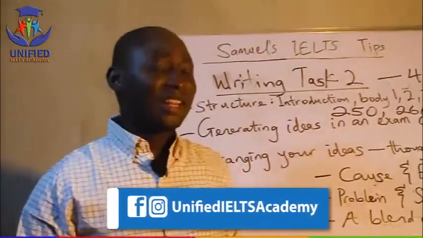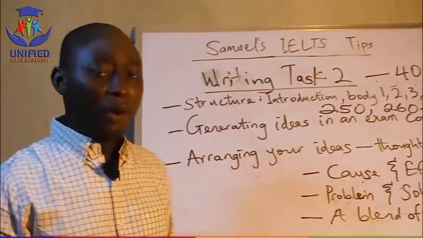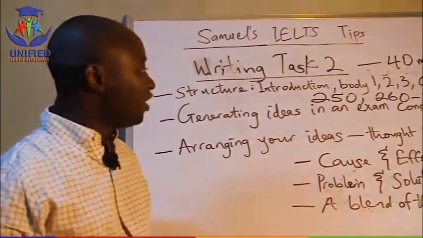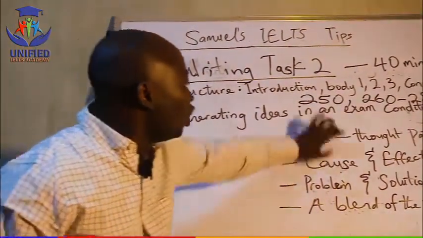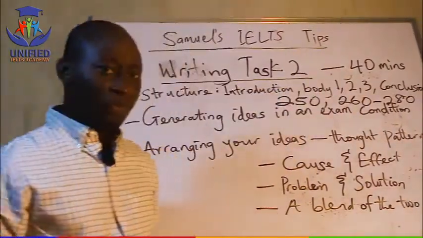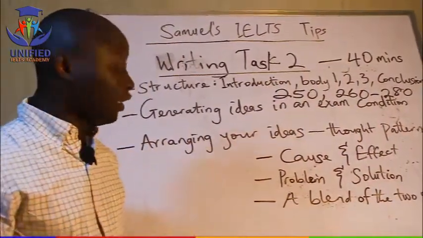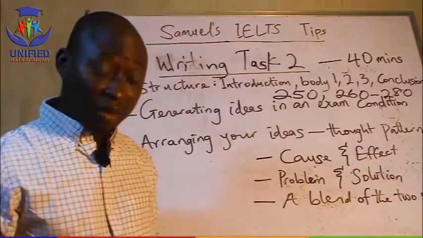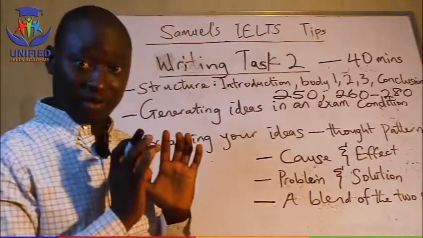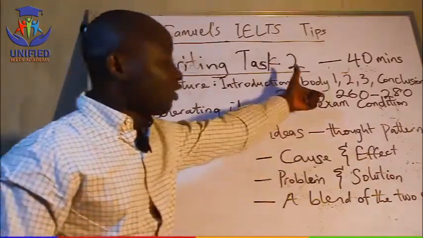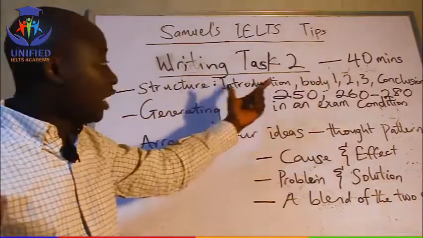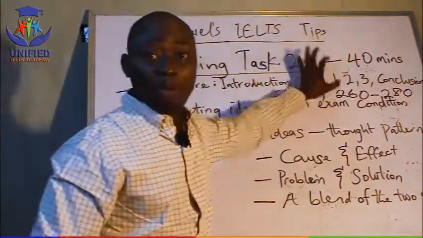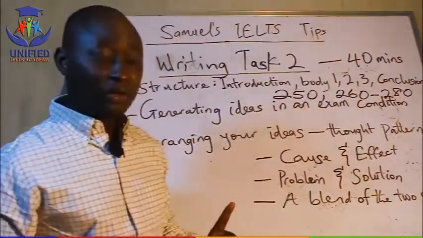In our subsequent classes, I'm going to elaborate more on these types of sentences. So, you write your body in 2 or 3 paragraphs, if you like, 4 paragraphs. The moment you know that your paragraphs are short, then you have to increase the number of paragraphs so that you'll be able to meet up with this word count.